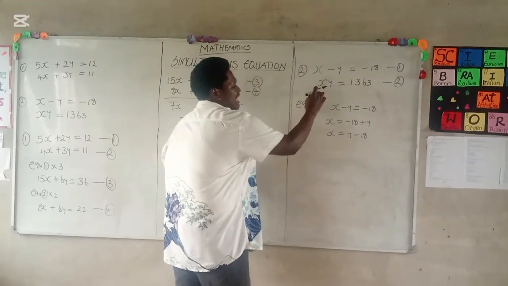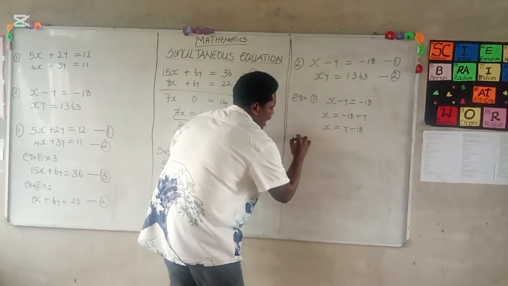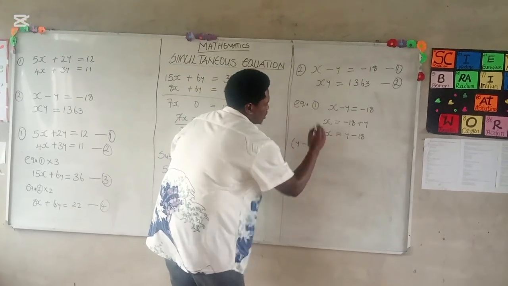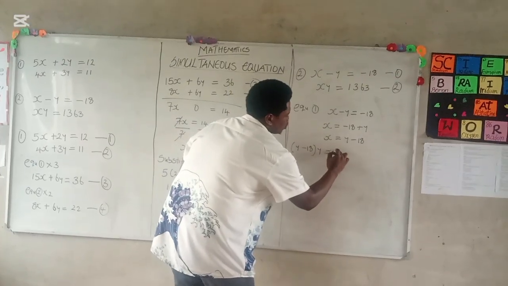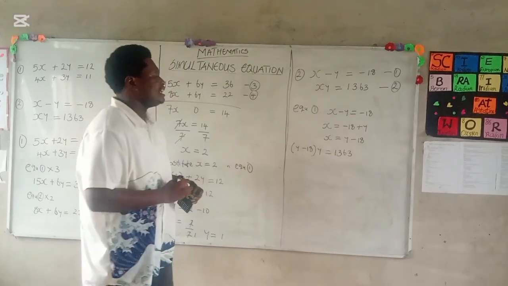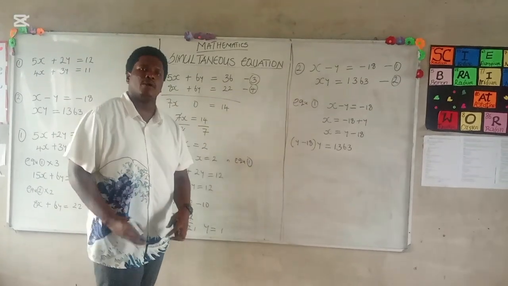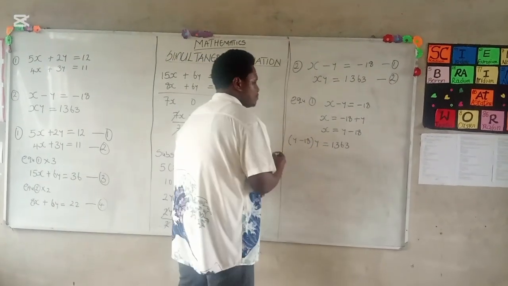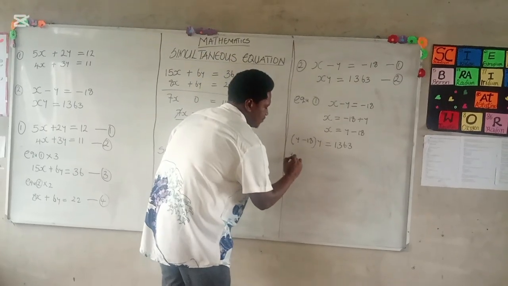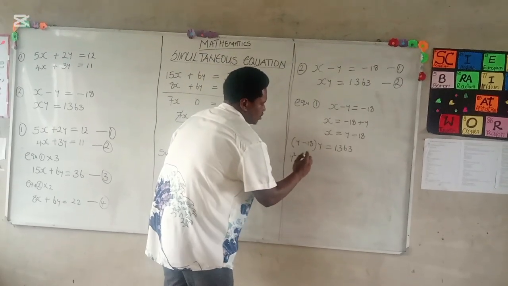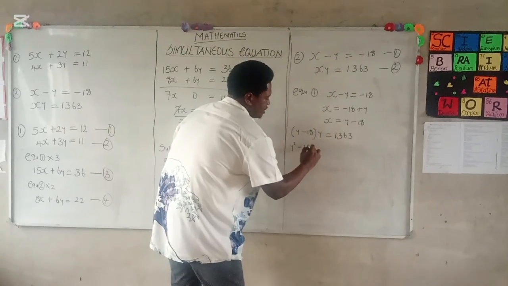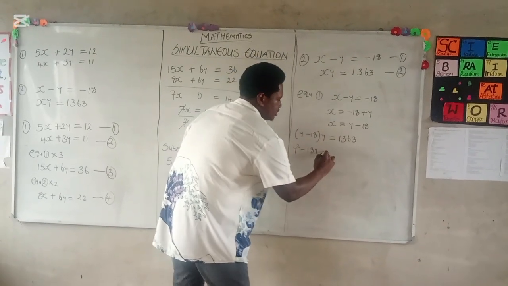So instead of writing x, we are going to have that (y minus 18) into y is equal to 1363. At this point, we can go ahead to open our brackets. We use what is outside to multiply what is inside. y times y, we are going to have y squared, negative, and y times 18, we have 18y, is equal to 1363.